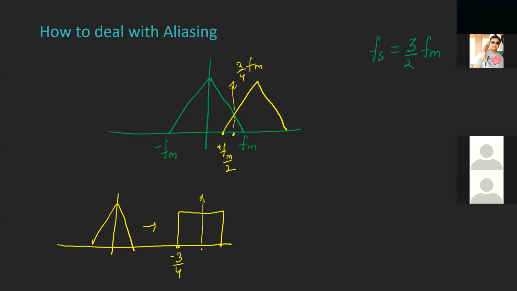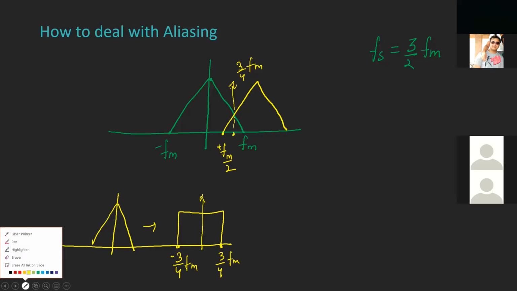In practice, it will not be like this. I think I made some mistake here. I'm trying to see if someone can spot what mistake I made. It's fm minus 3 by 4, that's 1 by 4.